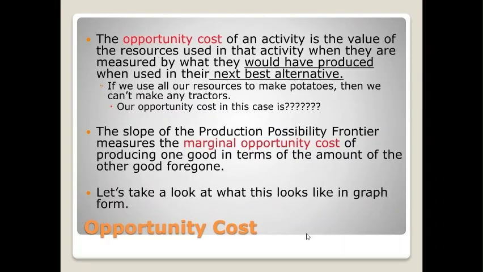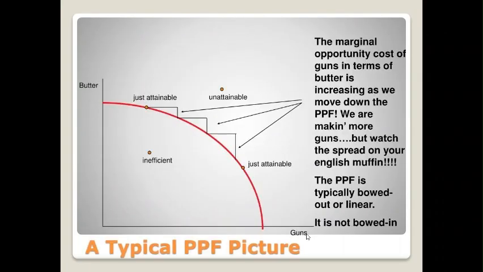For example, we have the example of butter and guns, which is the comparison. Within the production possibility frontier, we consider that to be an inefficient use of resources. This is something called the efficiency curve.